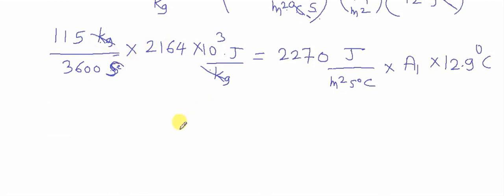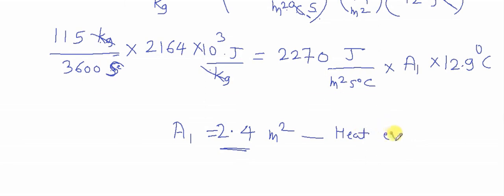From this you will get A1, and that A1 is coming 2.4 meter square. So this is the heat exchange area in the first effect evaporator.